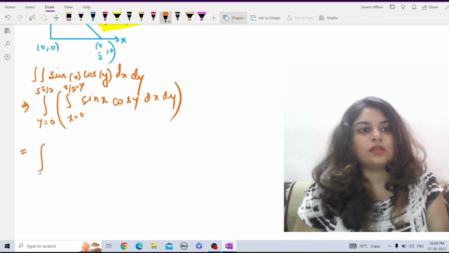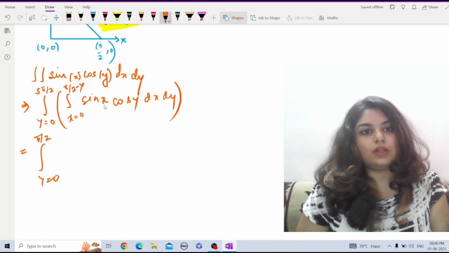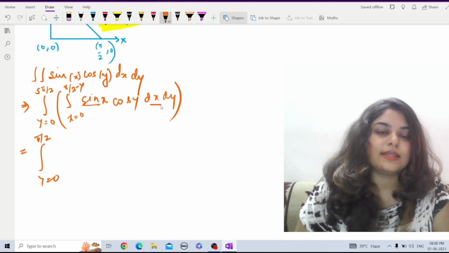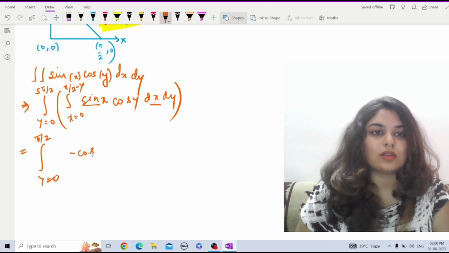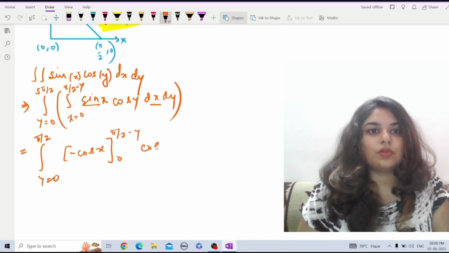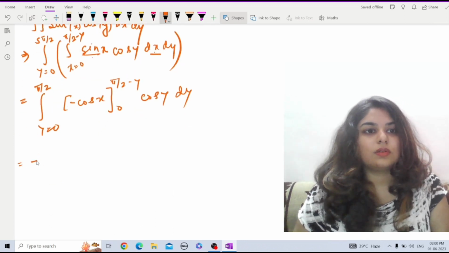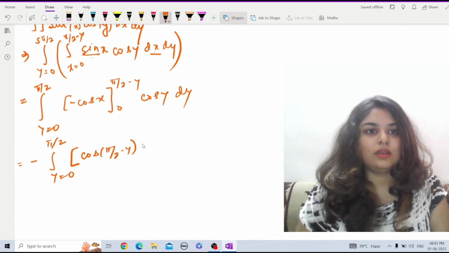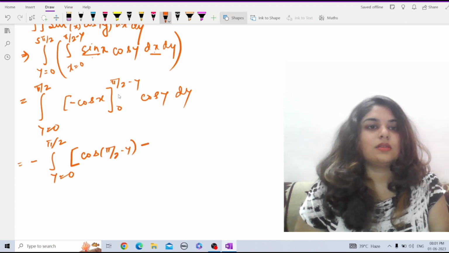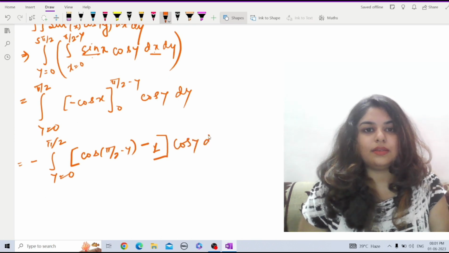So now if we integrate, this equals the integral y from 0 to pi/2. Here we have sin x dx, right? So the integral of sin x dx is basically minus cos x, minus cos x from 0 to pi/2 minus y, into cos y dy. Now, minus of the integral y from 0 to pi/2, cos(pi/2 minus y) minus cos 0, which is 1, into cos y dy.